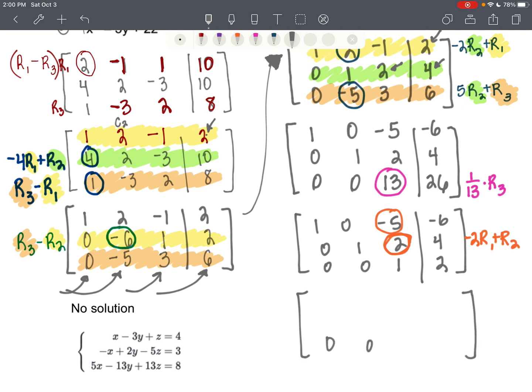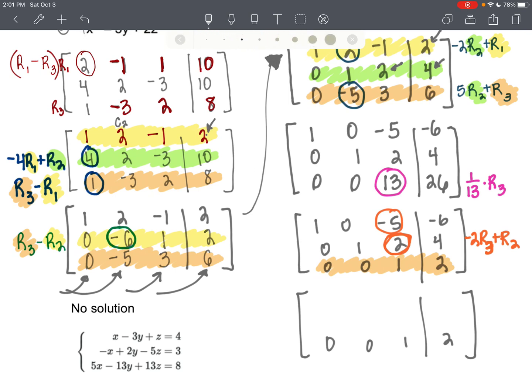So row 3 is going to stay, and row 2 becomes negative 2 times row 3, negative 2 times this row right here.